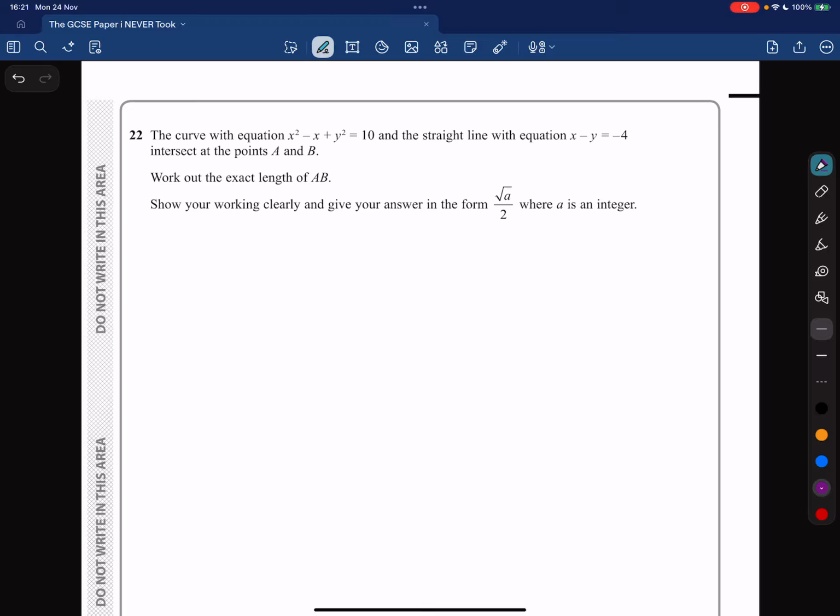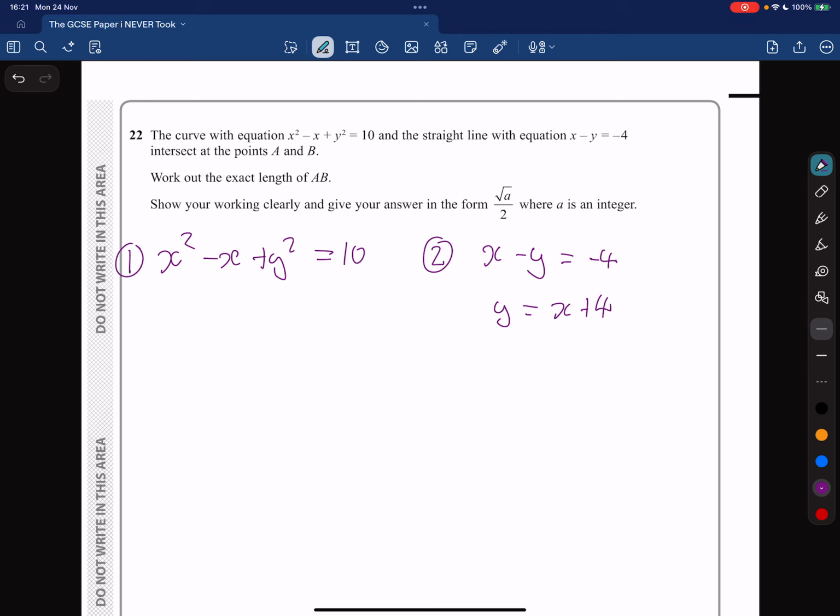So this is basically a simultaneous equation. Equation 1: x squared minus x plus y squared is equal to 10. Equation 2: x minus y equals minus 4. So therefore y is equal to x plus 4.